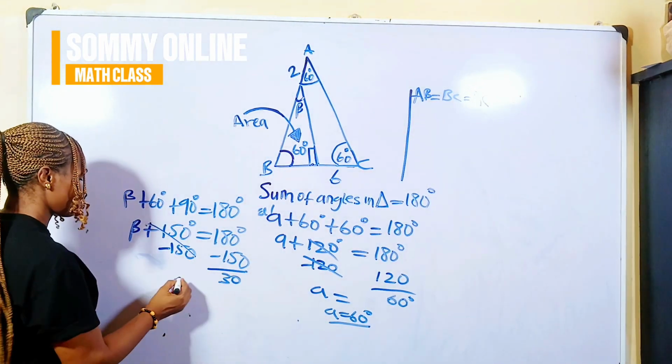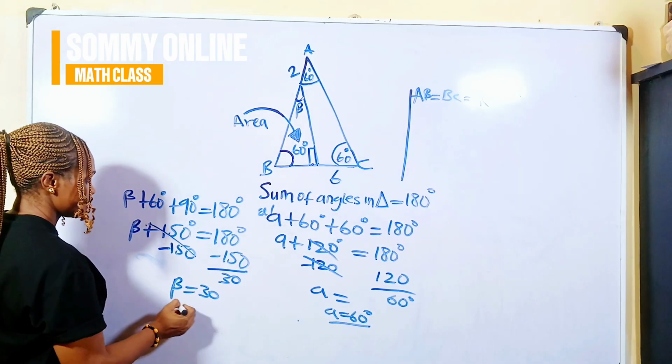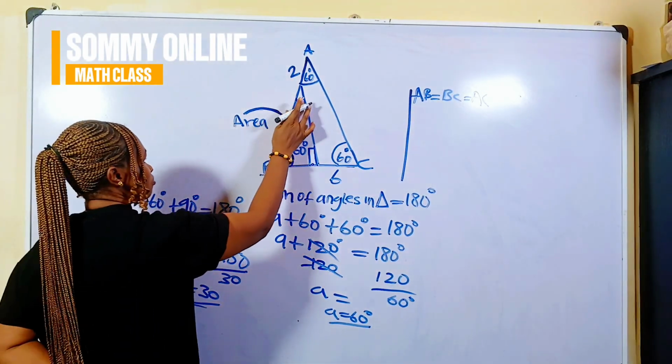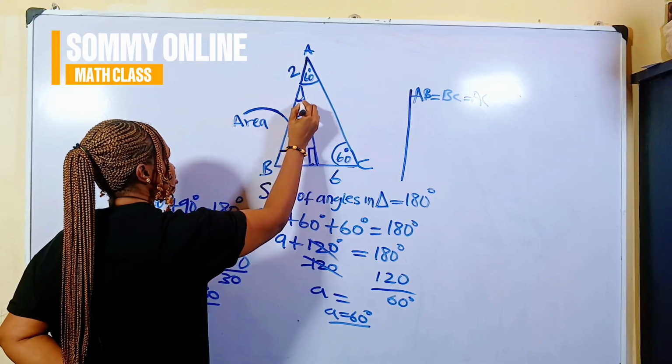Therefore, our beta is equal to 30 degrees. So here will be 30 degrees.